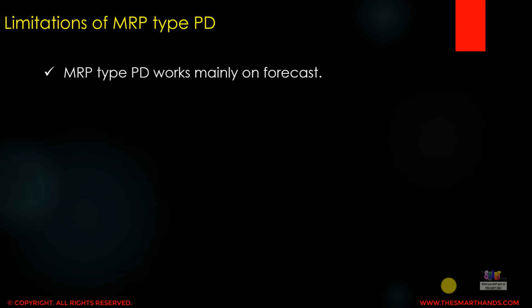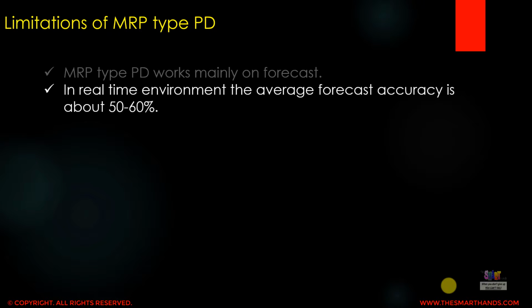MRP type PD works mainly on forecast, and from the forecast, demand is generated that we can see in the MRP transactions like MD04, MD06, etc. But in the real-time environment, the average forecast accuracy is about 50 to 60%, or maximum in an ideal situation probably 70 to 80%.